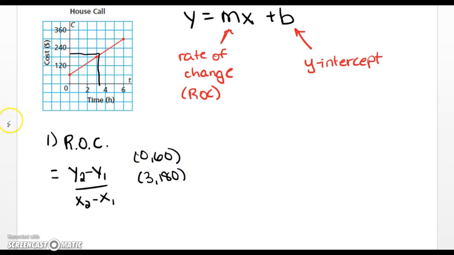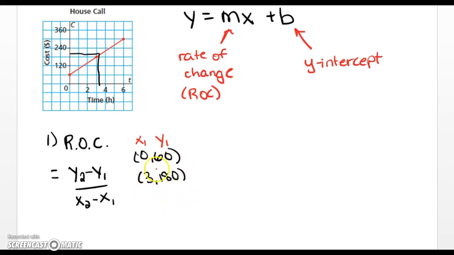One thing that does help me is that I label my coordinates, because I find that a lot of kids can get y2 and y1 mixed up, and I see a lot of calculator errors because they didn't put the numbers in the right places. So this one here is our first coordinate, my first x coordinate and my first y coordinate, so I'm going to call it x1 and y1.